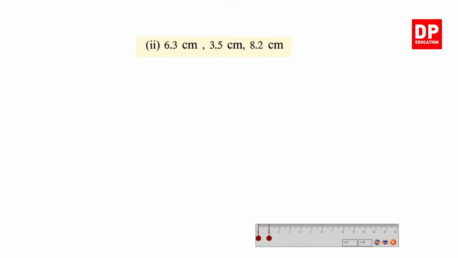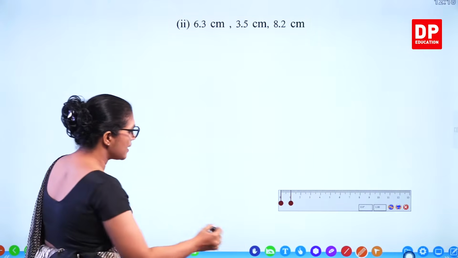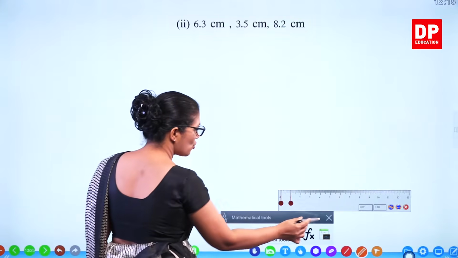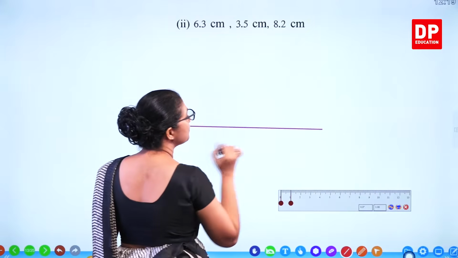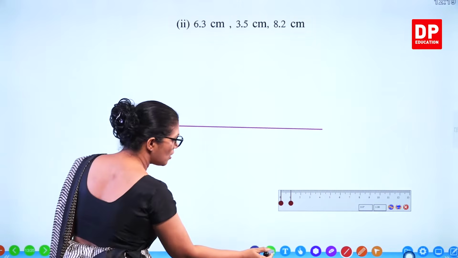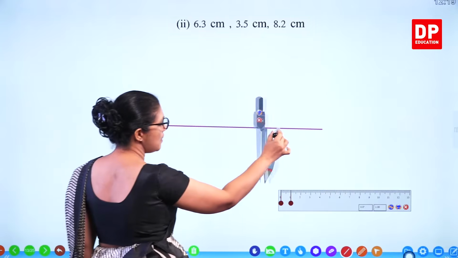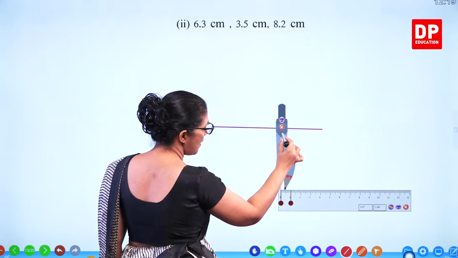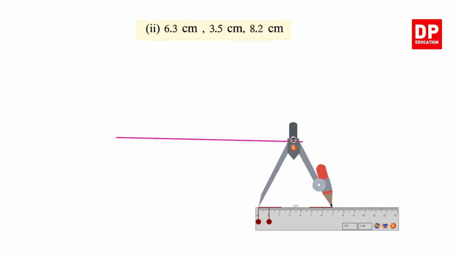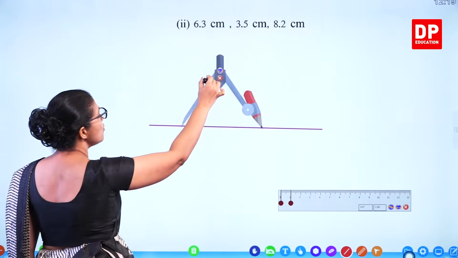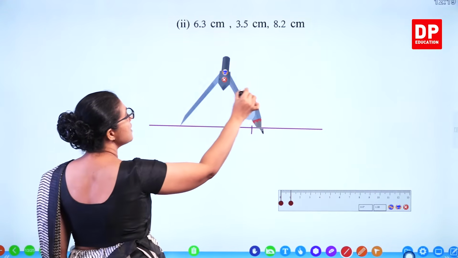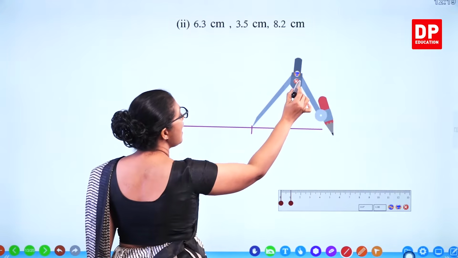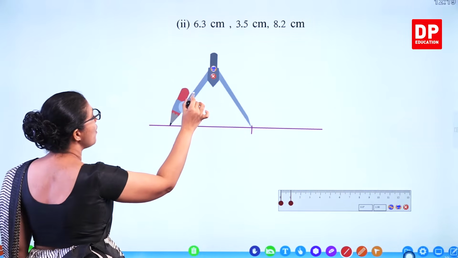6.3, 3.5 and 8.2. So we'll take first the 8.2. Before that you need to draw a straight line segment and measure 8.2 centimeters with the compass and the ruler. So 8.2, this value. Then you need to mark the 2 points. So you draw an arc here and then take the compass to this side and mark the other point.